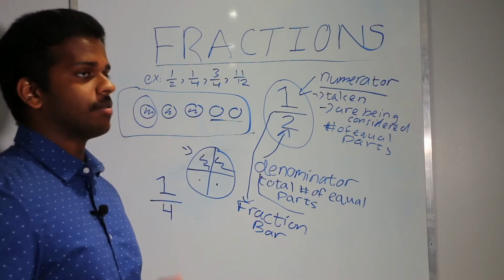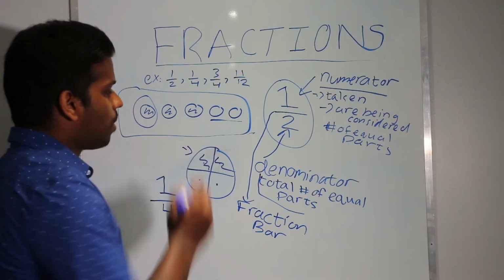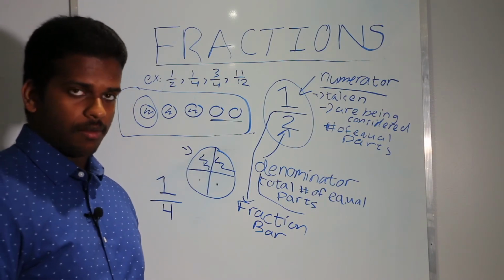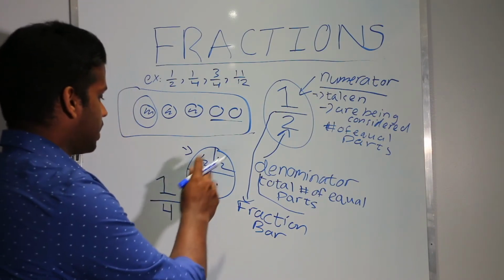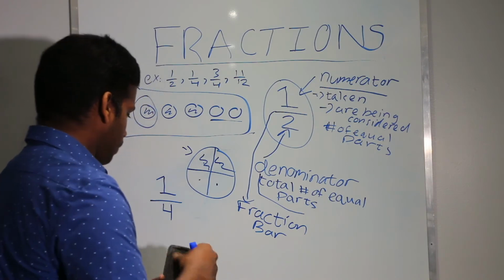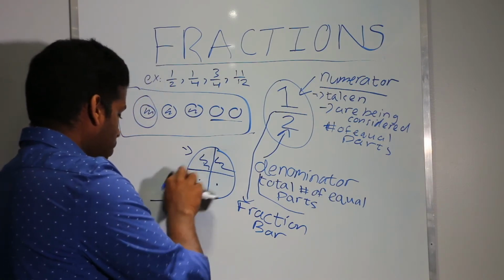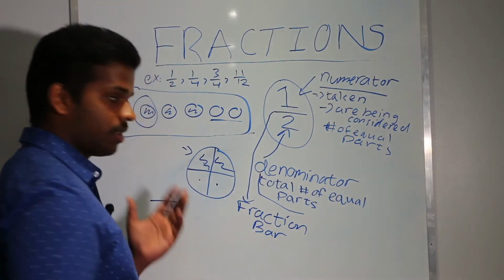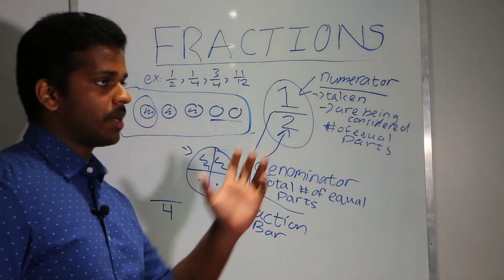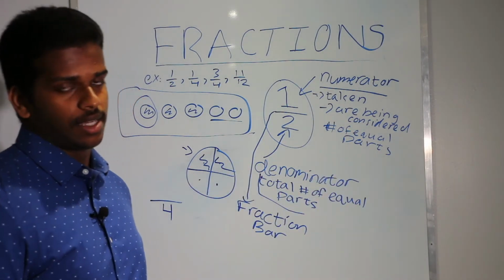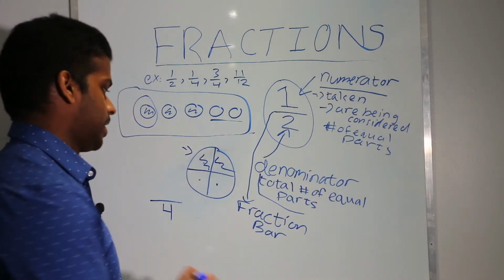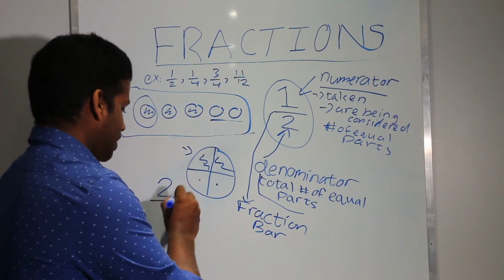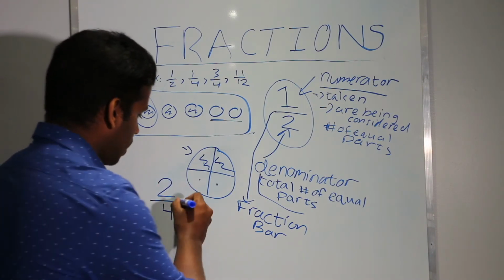It would be 8 as well. So you know that your mom ate that slice of pie. So instead of 1, since you're considering what fraction of the pie has been taken already by someone, it would be 2 over 4.